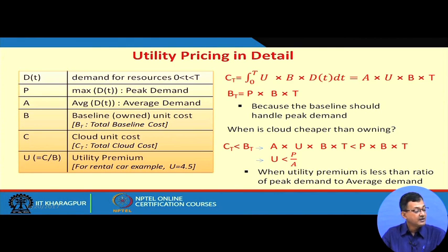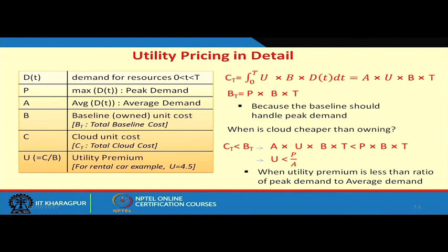B is the baseline owned unit cost and T is the overall time scale. Now, the cloud is cheaper when the cloud cost is less than the baseline cost.